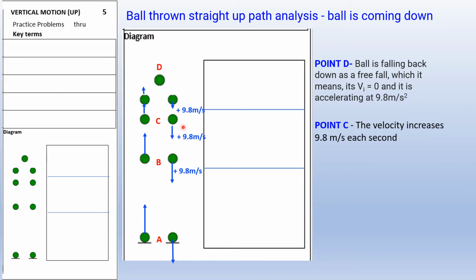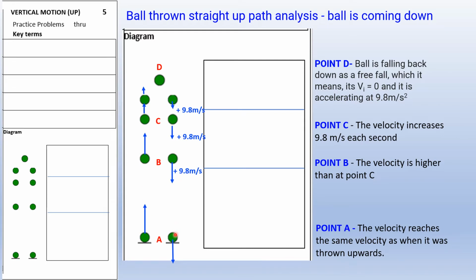So at point C, the velocity increases 9.8 meters per second each second. If it is 1 second later, there will be 9.8 meters per second. At point B, the velocity is even higher than at point C, plus 9.8 meters per second. And at point A, the velocity reaches the same velocity as when it was thrown upwards.